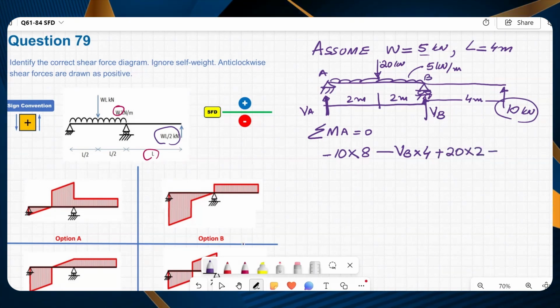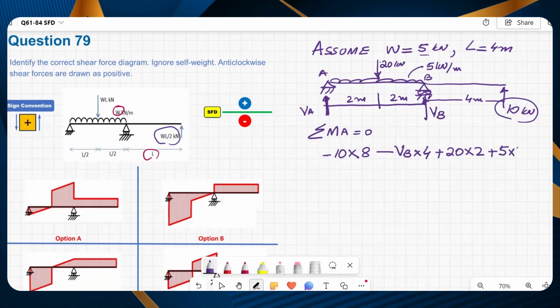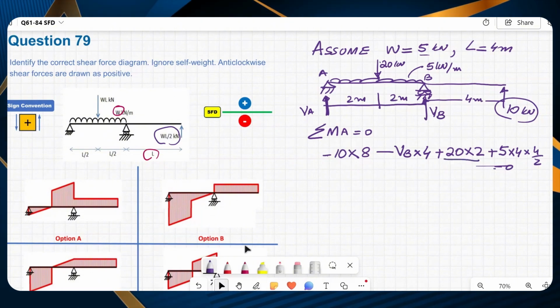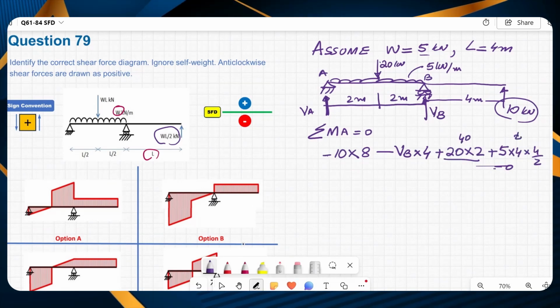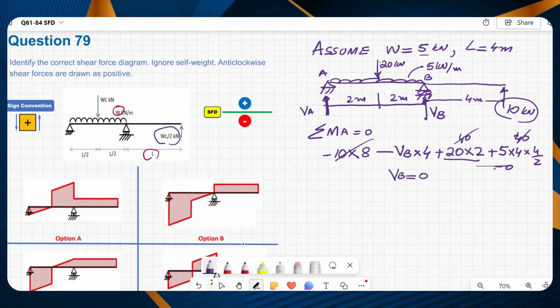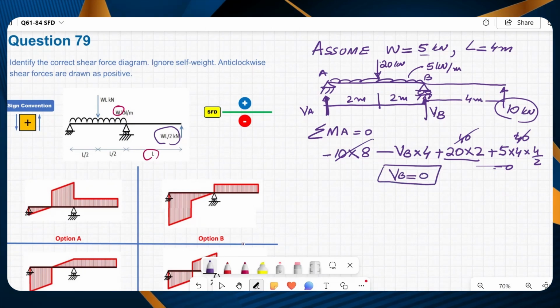Then I have the uniformly distributed load, which is 5 times 4 times 4 over 2. This is all equal to 0. If you simplify, this will be equal to 40, and 20 times 2 will be 40 as well. And this is 80, so this and this will get cancelled, which means VB is going to be 0. This was the key point over here, that VB is 0.